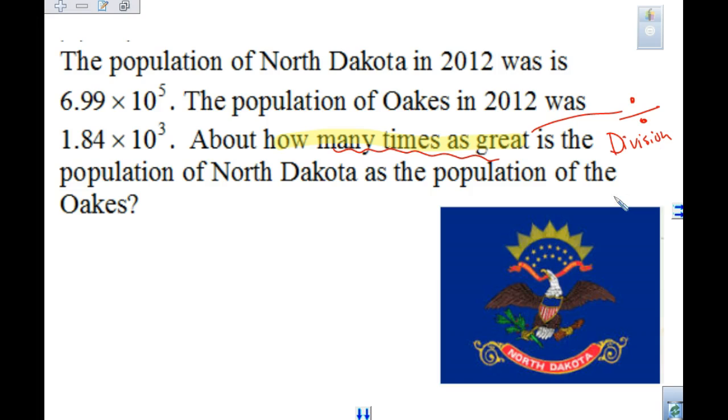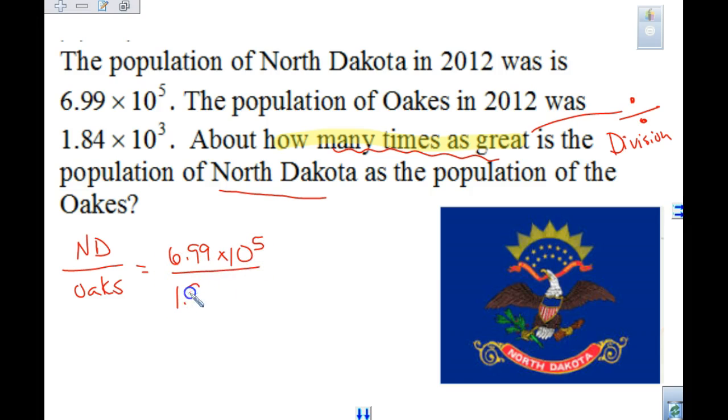So the whole reason we practice all those exponent rules and our adding, subtracting, multiplying is because it's all about the real world problems. I don't care if you can do it all by itself. You need to be able to do it in this situation. So this is telling us North Dakota as to the population of Oaks. So we are taking North Dakota and dividing it by the population of Oaks. We are taking 6.99 times 10 to the 5th divided by 1.84 times 10 to the 3rd.